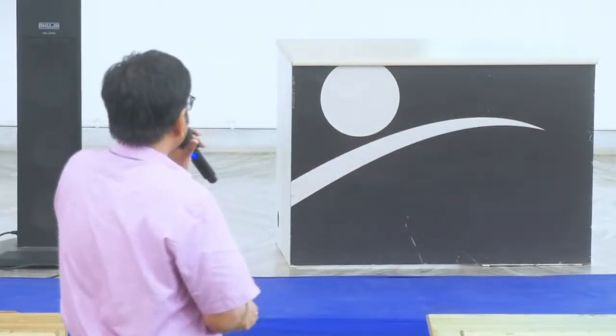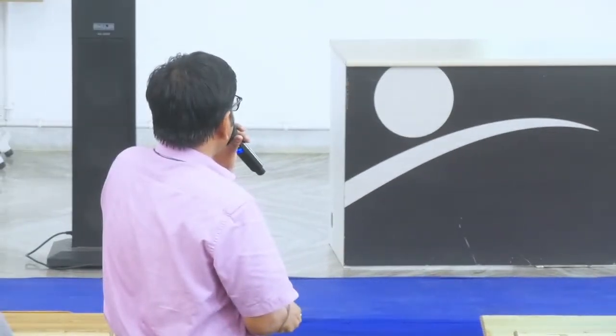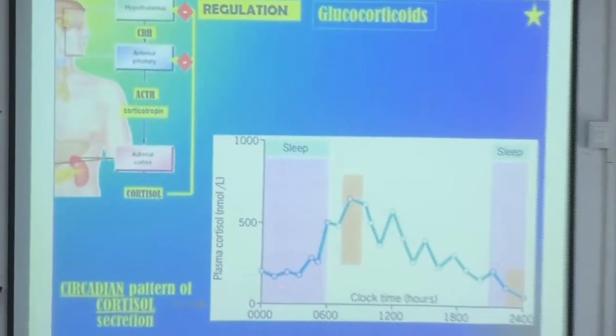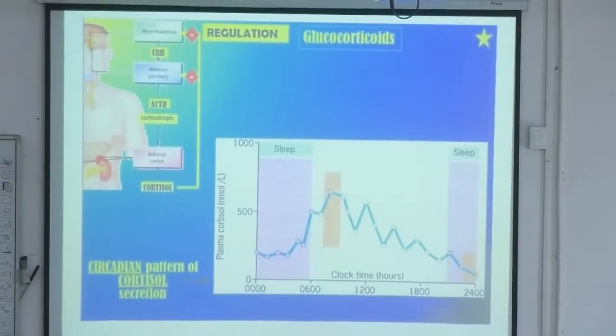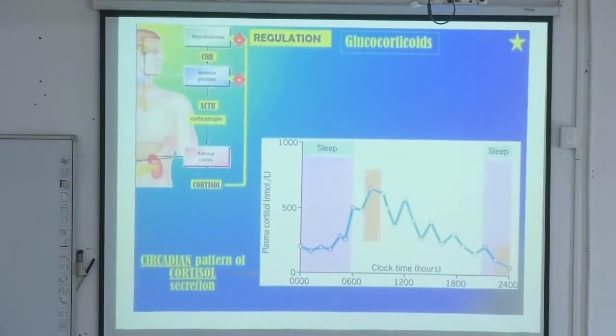মানে as the day moves on, the amount in the blood changes in a predetermined manner. How? See, 0:00 মানে রাত 12টা, you are in sleep, this is your cortisol level.